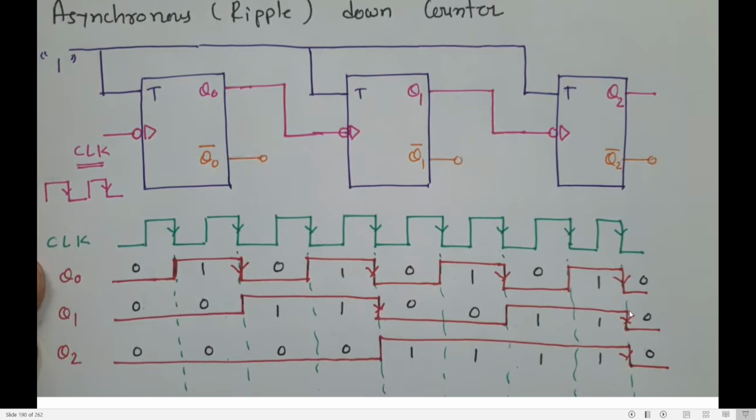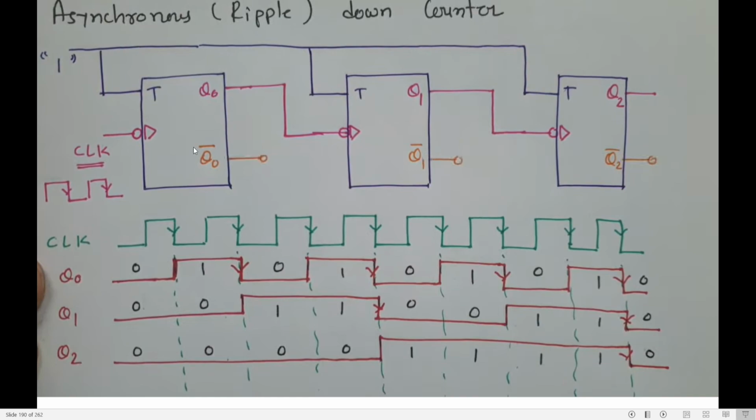One more negative edge is at this point. So the transition happens only during the negative edge. I start from 0. I'll be in the same 0 since I'm not getting any negative edge. Here I got a negative edge. I get triggered and move from 0 to 1. I'll be in the one state till I get my negative edge. Since I got a negative edge, now I move from 1 to 0.